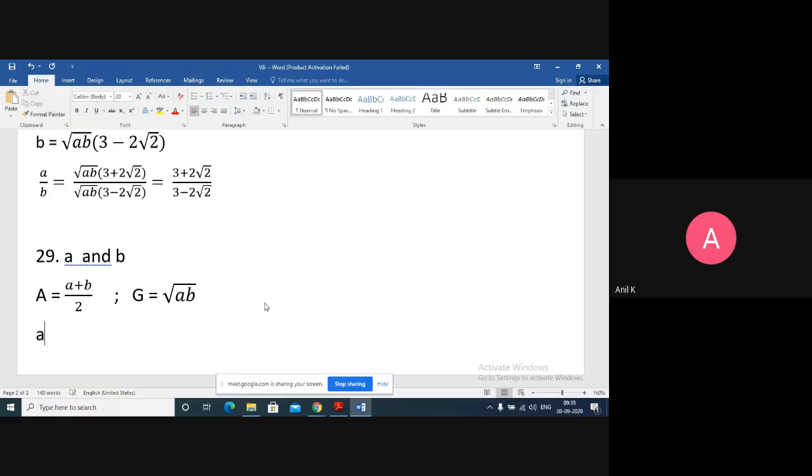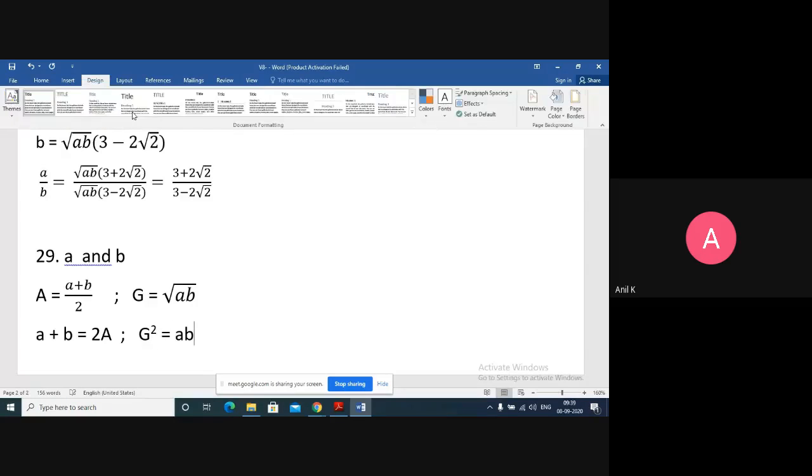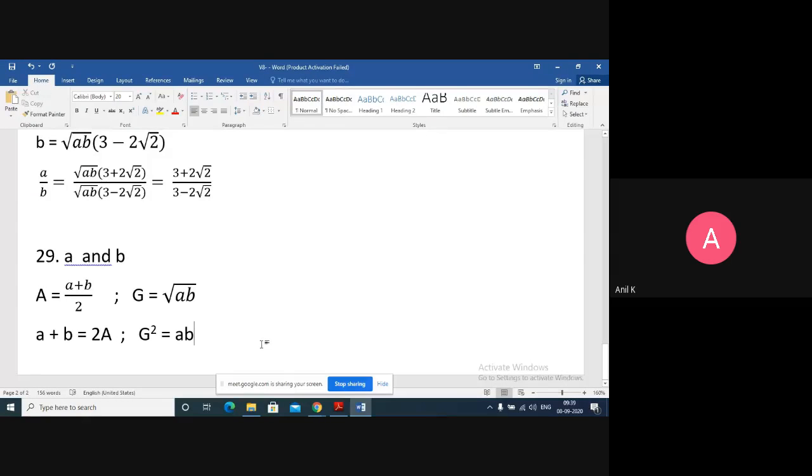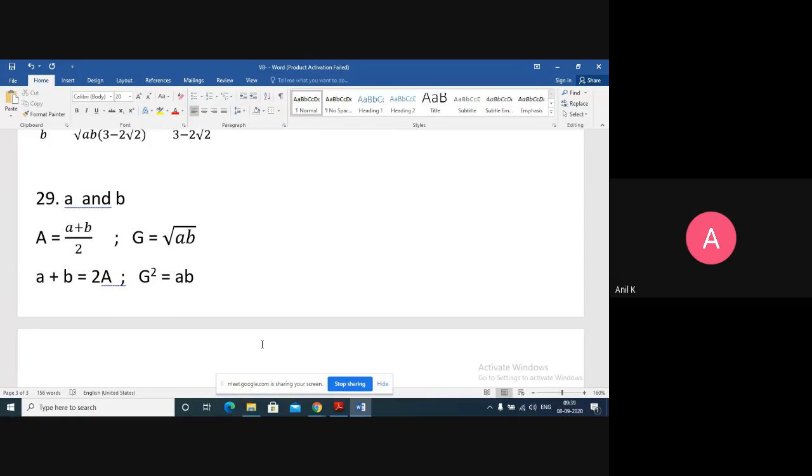If I simplify the first equation, I'll get a plus b equals 2 times A. When I simplify the second equation, I'll get G square equals ab. So now you know the a plus b value and the ab value, and you have to find the a minus b value.